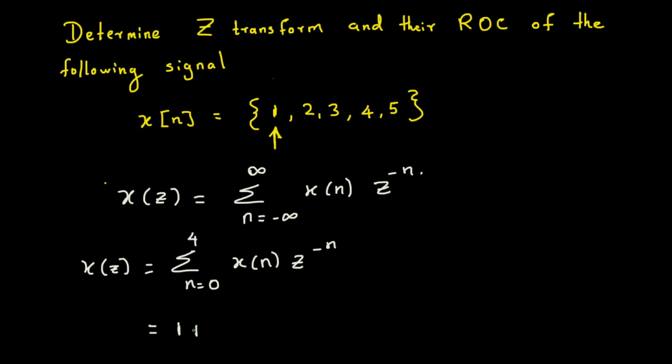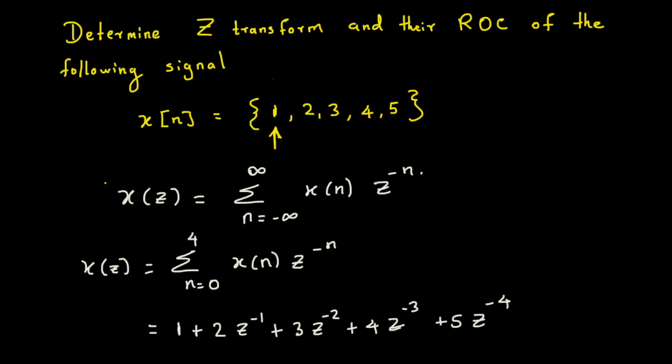Then 2 is the amplitude, and this is at location 1, so z power minus 1. Then 3 is z power minus 2, then 4 z power minus 3, and then 5 z power minus 4. This is our Z transform.